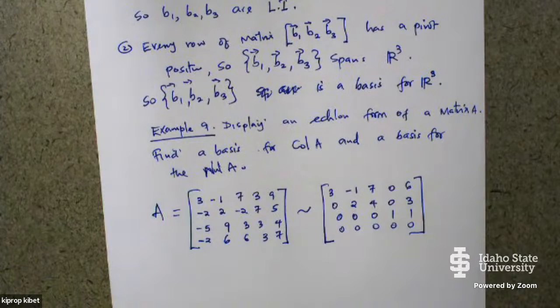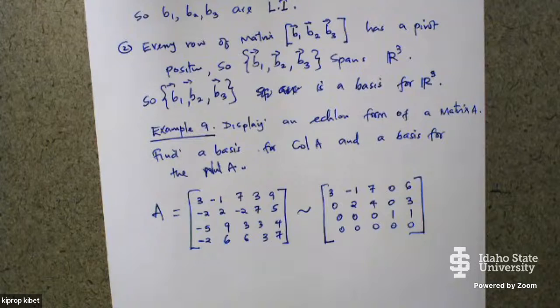Then what is the column space of A? The column space of A is given by the vectors which give us the pivot positions. So 3 is a pivot position, 2 here.